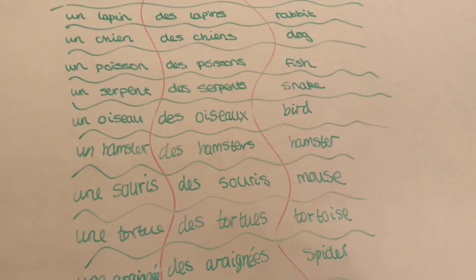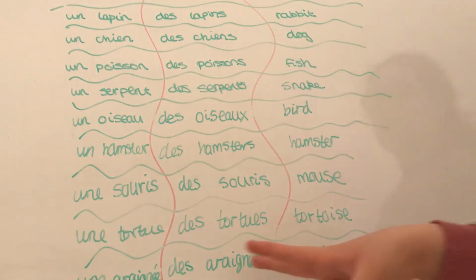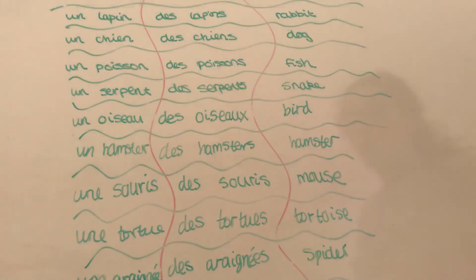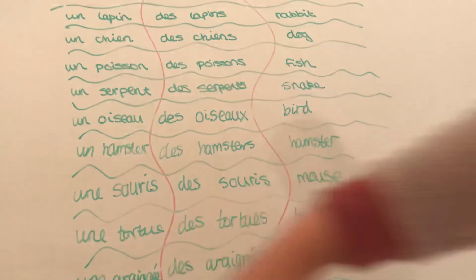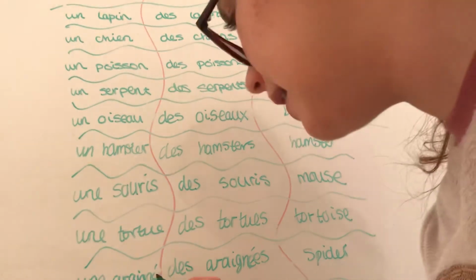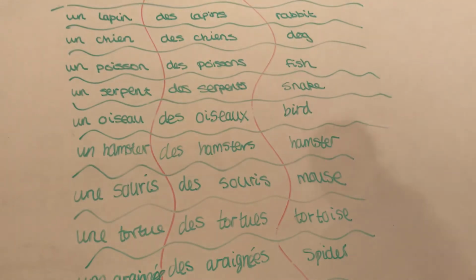And then finally we've got our spider. So une araignée, which is feminine, and then to make it plural, we go to des araignées, so we put an S on the end of it. One thing to watch out for is the penultimate E, so the second last E in this word, technically the first E that you come to, which I've just scribbled out, has an acute accent on it.